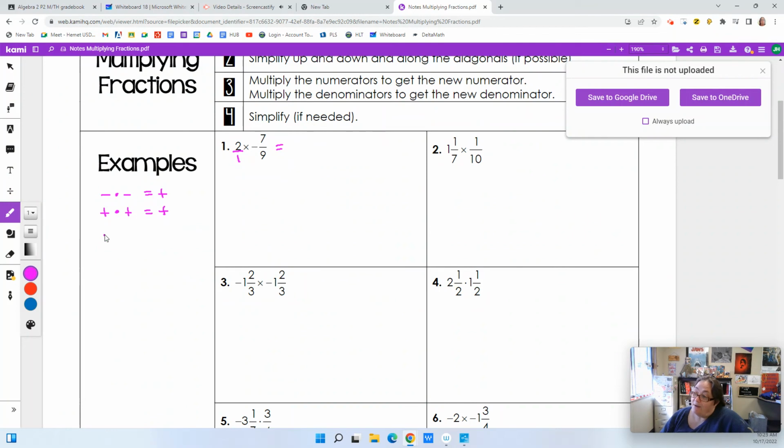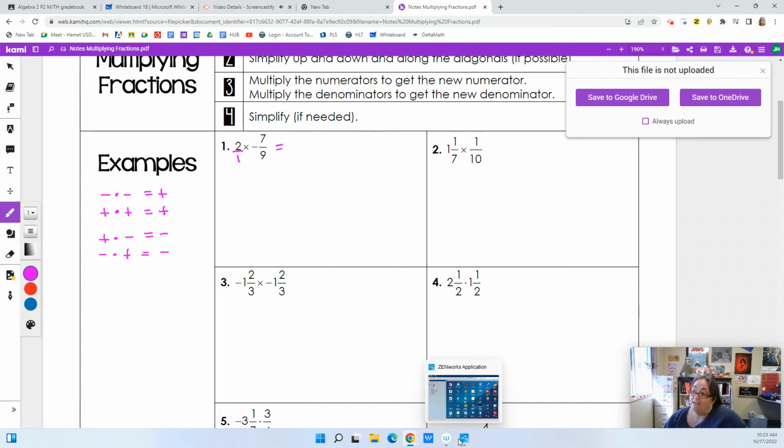If I have a positive times a negative, I get a negative. And if I have a negative times a positive, I get a negative, right? So if they're both negative, we get a positive answer. If they're both positive, we get a positive answer. But if either one of them is negative, I always get a negative answer. Does that make sense? So we want to keep an eye on that.